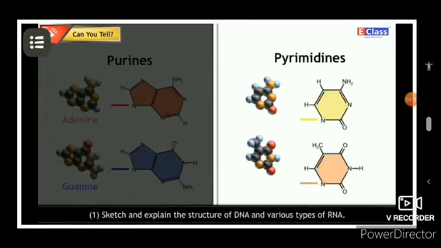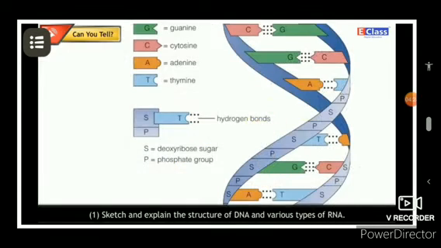Purines consist of two parts, adenine and guanine. Adenine, cytosine, guanine, thymine make a double bond or a triple bond. Deoxyribose sugar, phosphate group.